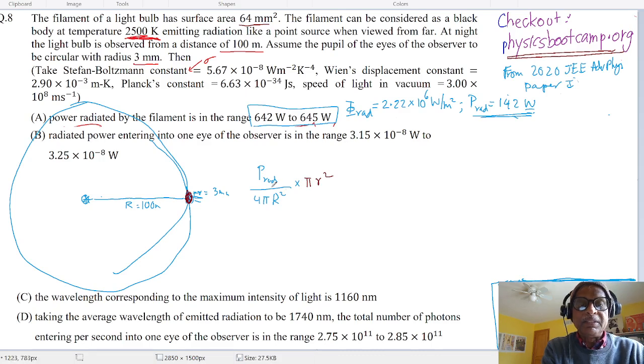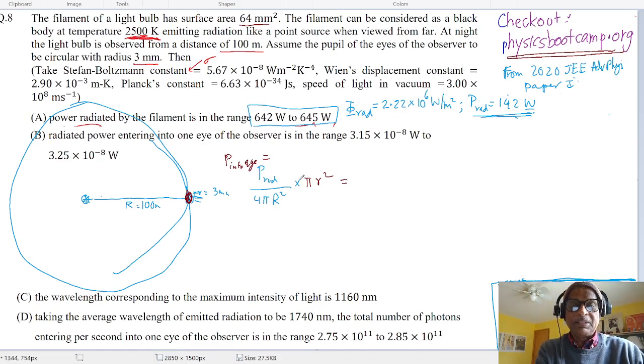So this will be the power into the eye, should be like that, into one eye. Two eyes would be 2 pi r square.